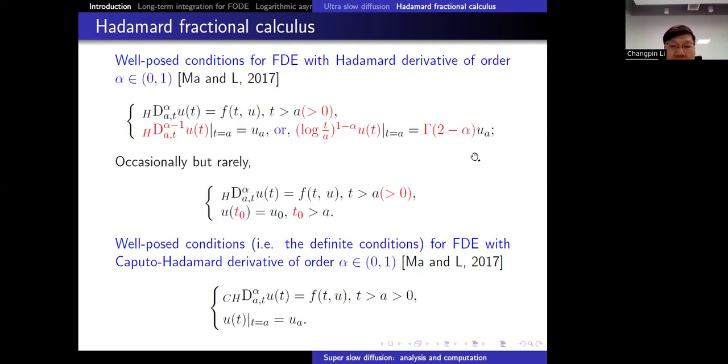But for the Caputo-Hadamard case, we can give an initial value condition like this: u(t) at the starting time. So from this viewpoint, the Caputo-Hadamard derivative is used in applied science and engineering. So in the following we consider the Caputo-Hadamard derivative.